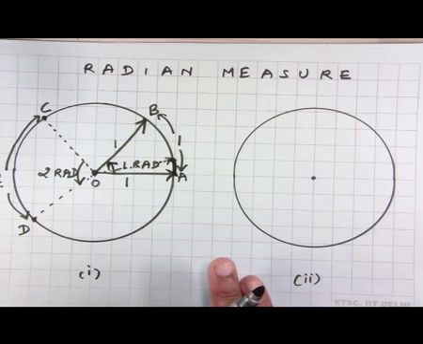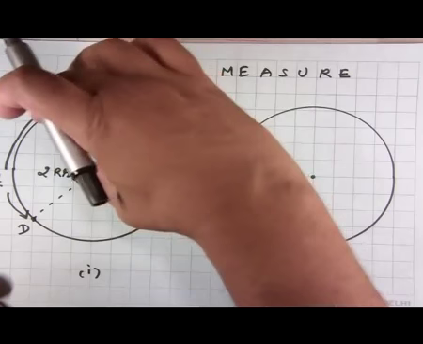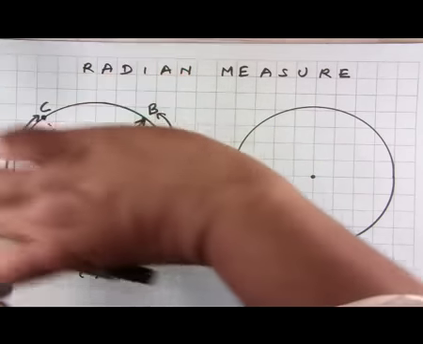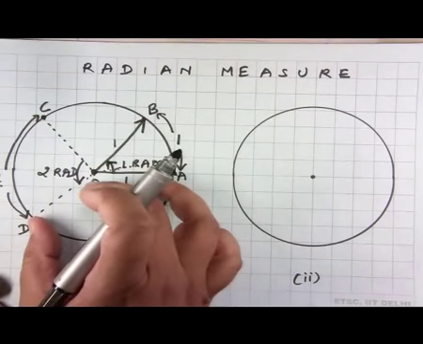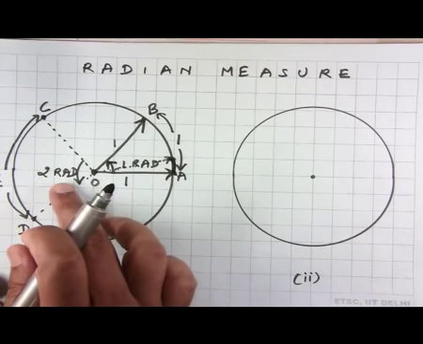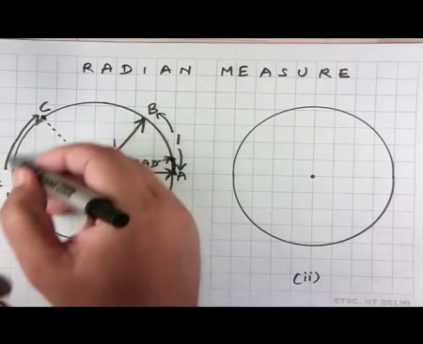So, a natural question that arises in the mind of a student is, suppose I have a radius OC here and now I rotate it from OC to OD by an angle of 2 radians, how much is the length of this arc CD?